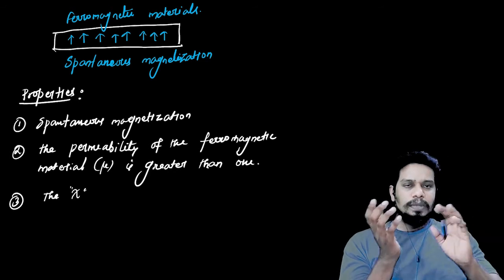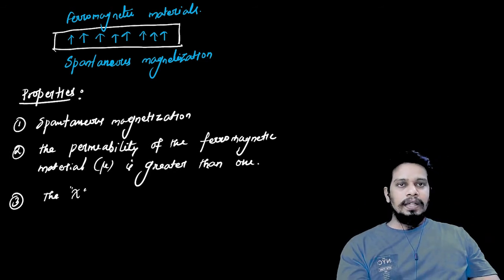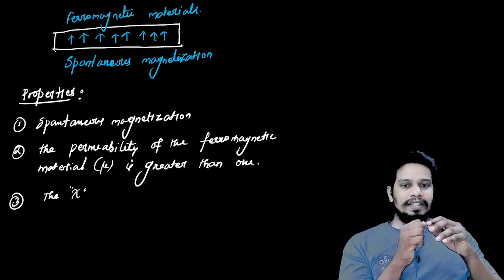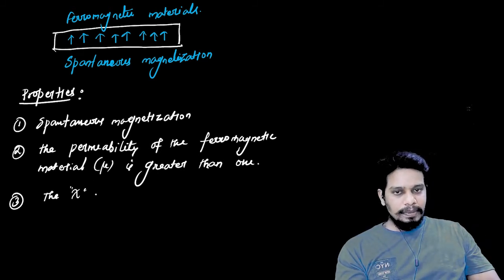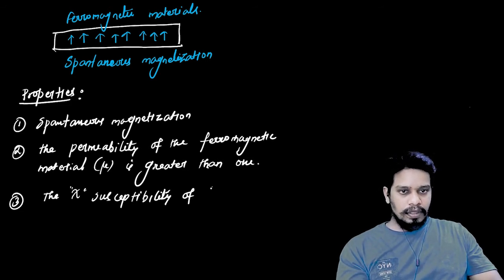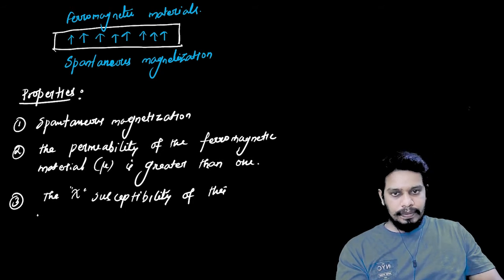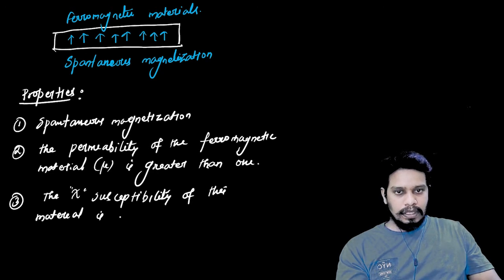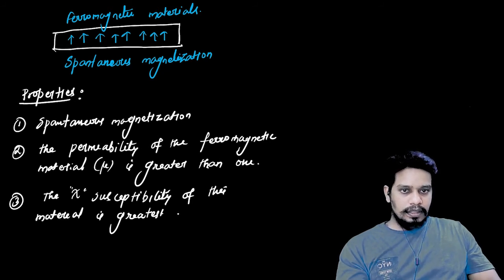Maybe you should know the basic definitions in magnetism. So I'm not teaching the basics here. So the chi, that means the susceptibility of this material, is large and a positive value.